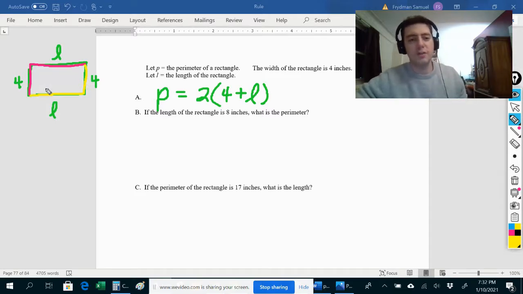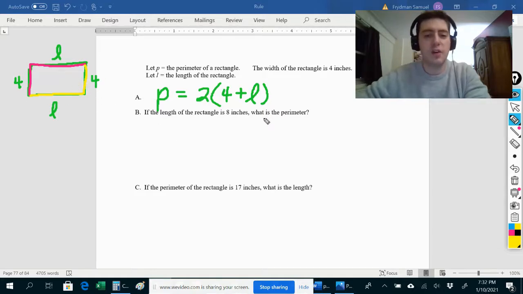Another strategy for finding the perimeter is I could do 4 plus L once and then just multiply it by 2, right? So that's what this equation is telling us. We can do 4 plus L and then just double it, and that'll give us the perimeter of the full rectangle. So that's the equation that we're going to use. Now let's use this equation to answer these problems here.